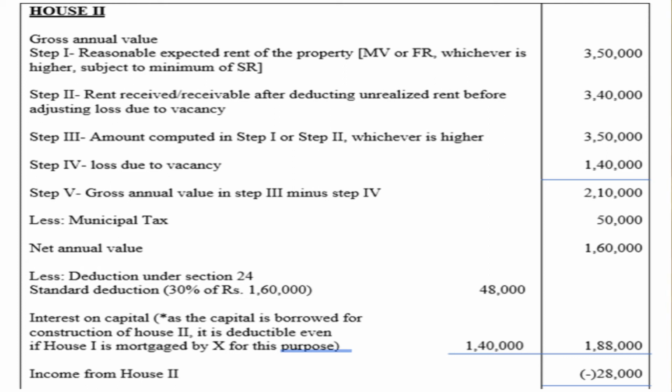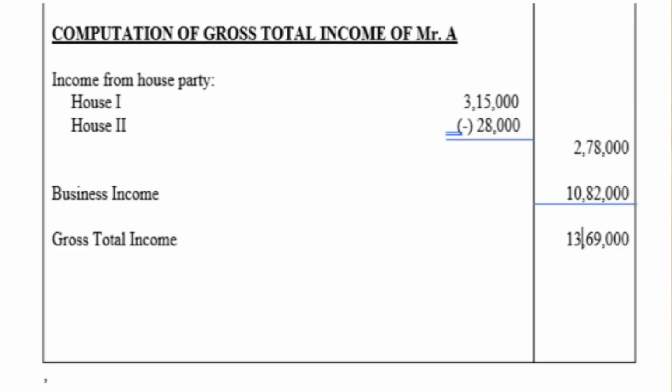We deduct this from 1,60,000, which is the net annual value. So the deductions are more. In that case, we will get a negative income from house 2. So income from house 2 will be minus 28,000. If we calculate the gross total income of Mr. A, income from house property, house 1 is 3,15,000, house 2 is minus 28,000.